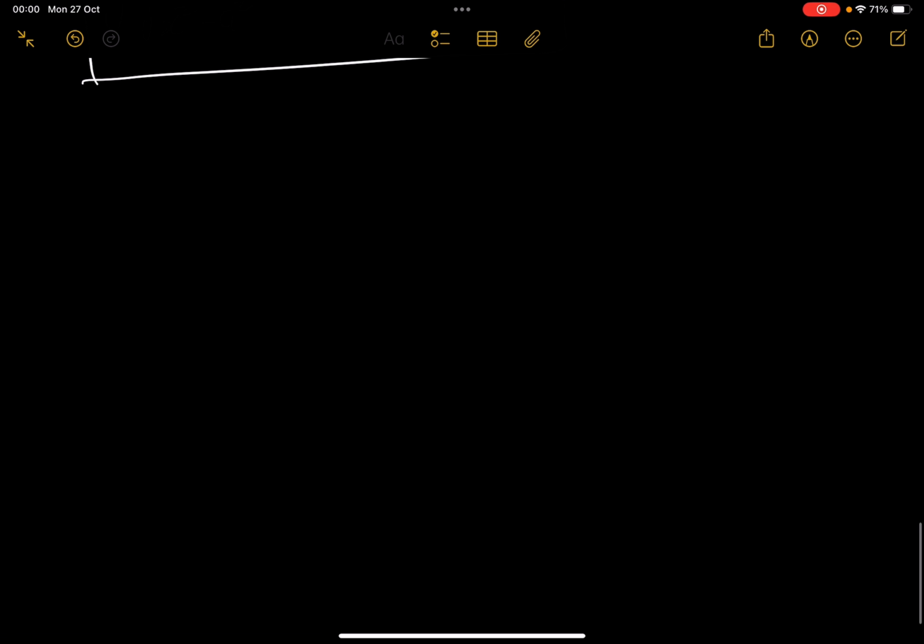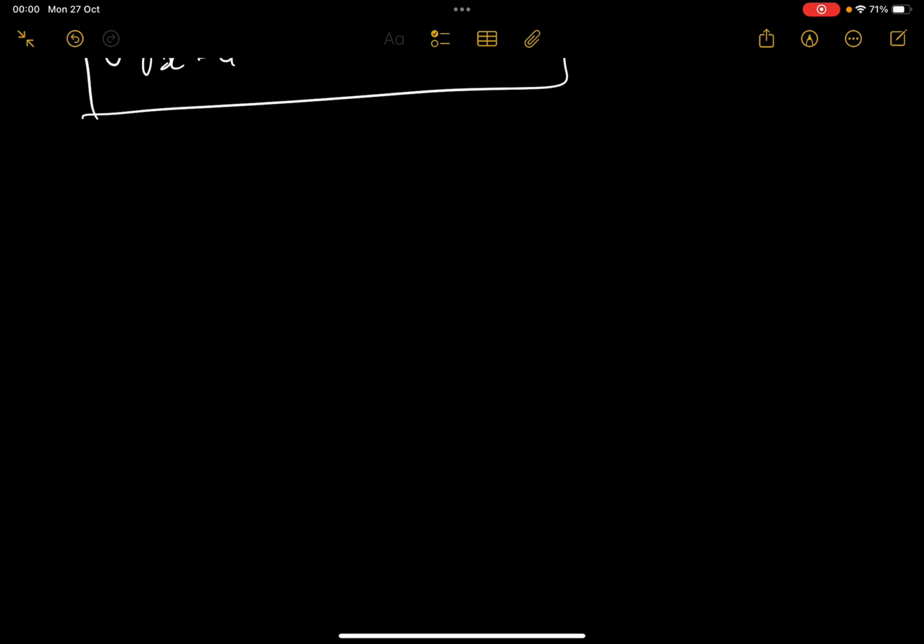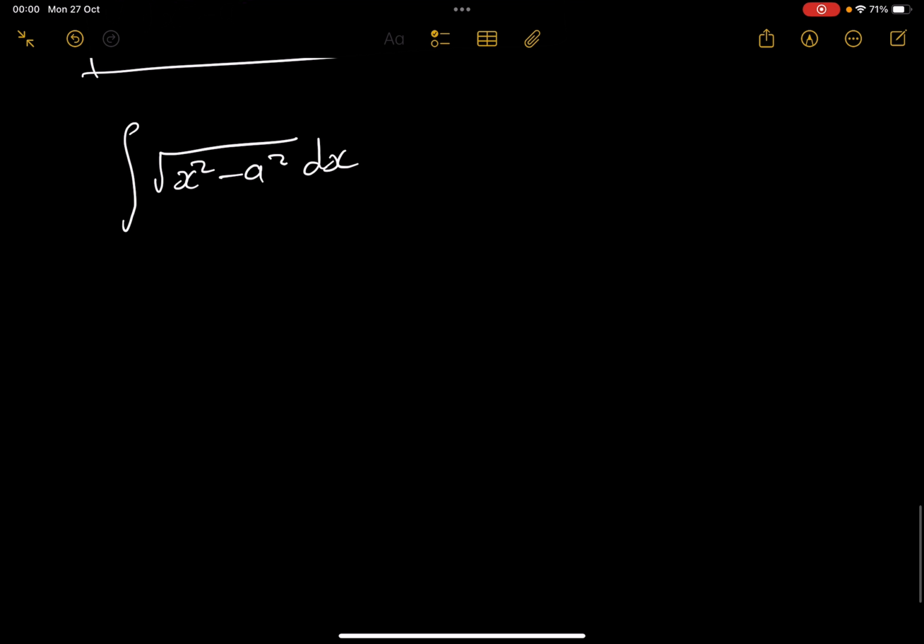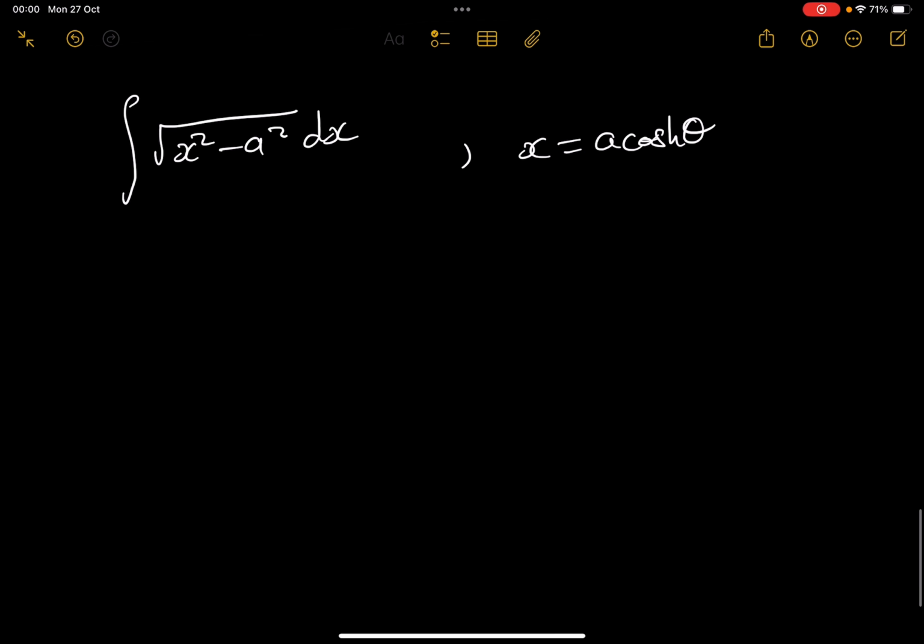And what if you are given this form whereby you have the integral of root x squared minus a squared dx? Again, here we are going to use, let's say, x is equal to a cos theta, and then you substitute there.